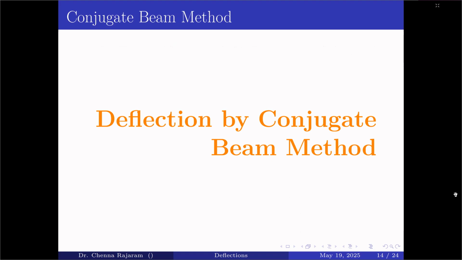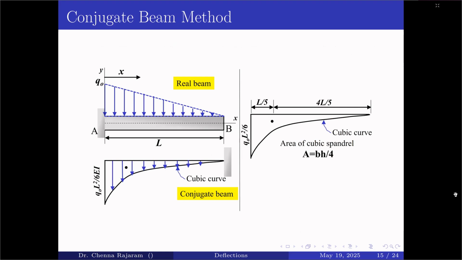Now let us discuss the deflection by the conjugate beam method. In the conjugate beam method, there are two things: one is the real beam, the other is the conjugate beam. The real beam is the beam given in the problem, and a conjugate beam is an imaginary beam with certain conditions. If the support in the real beam is a fixed one, then in the conjugate beam it becomes a free end.